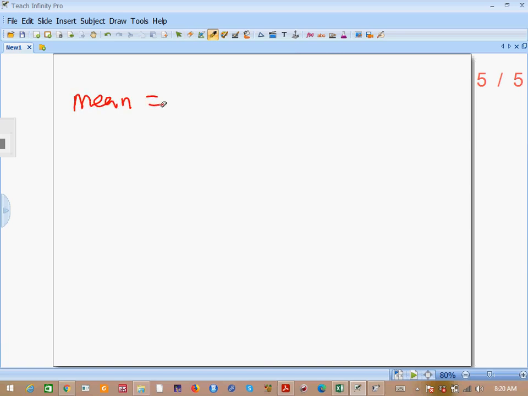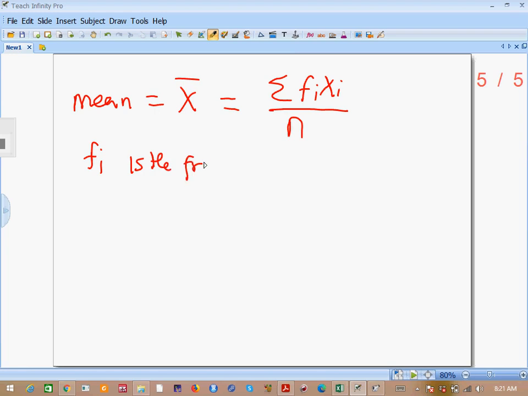the mean, which is denoted by X bar, is just equal to the sum of the frequency times the midpoints over N, which is the total frequency. So Fi there is the frequency. Here we're just saying F1 is the frequency of the first class, F2 will be the frequency of the second class.